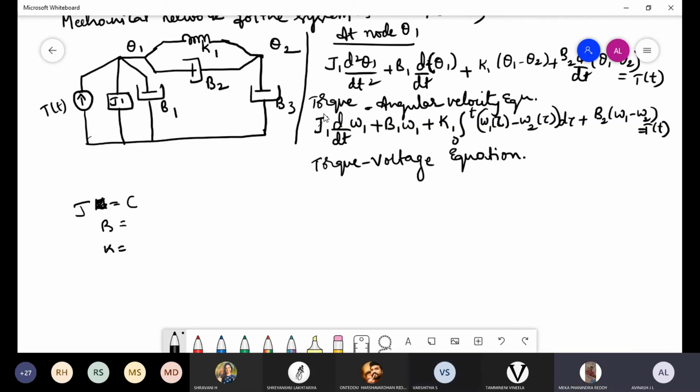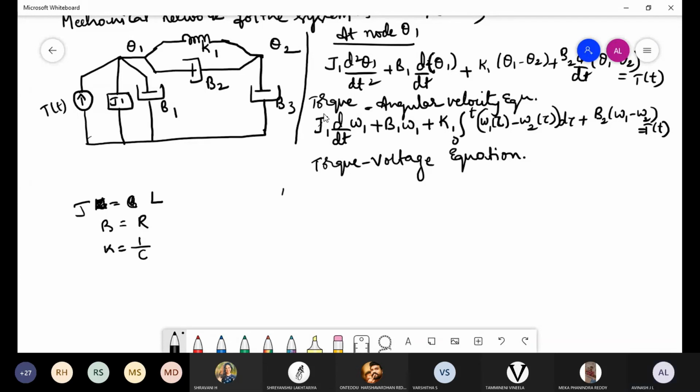No, it is not C, it is equal to L. See, torque current is different, torque voltage is different. So what is B equal to? R. Very good. What is K equal to? 1 by C. So now replace these.